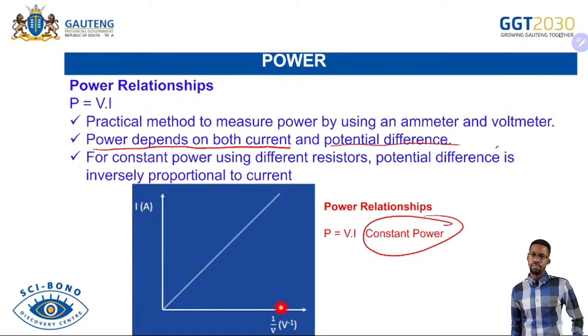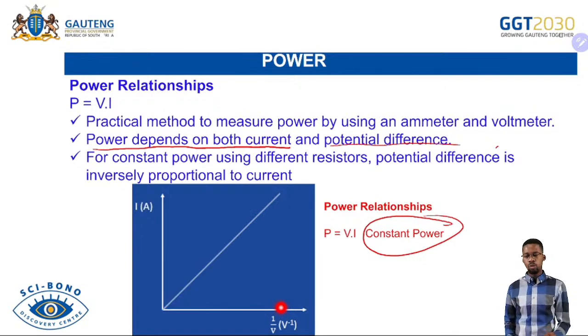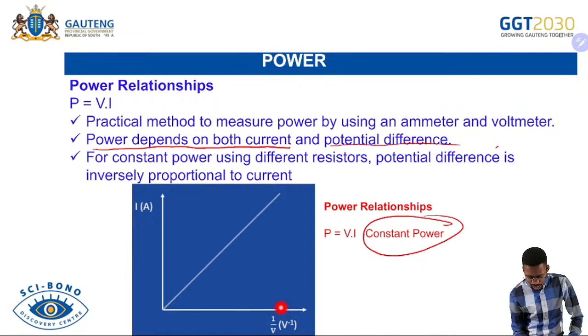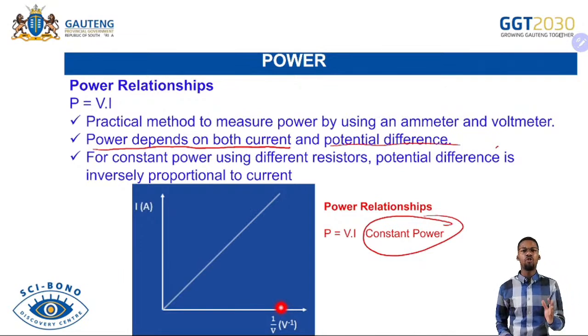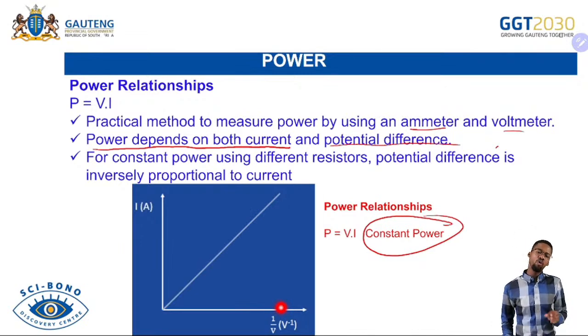So the first formula tells us that there is a practical method of measuring power by using an ammeter and voltmeter. For you to get the power, it depends on both current and potential difference.